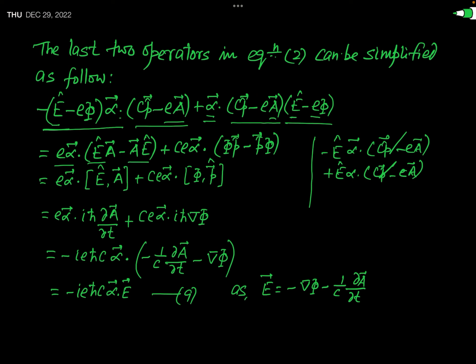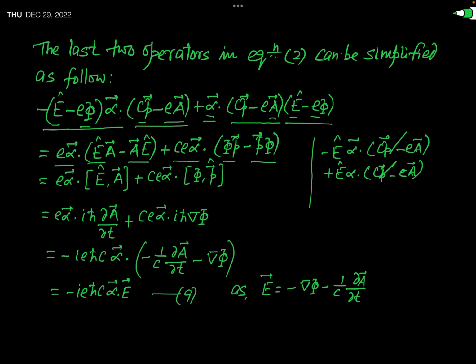Now take the product of the terms containing phi and p. So this will be c e alpha dot (phi p minus p phi). Except these terms, other terms will cancel out as I have told you, so our result remains this.